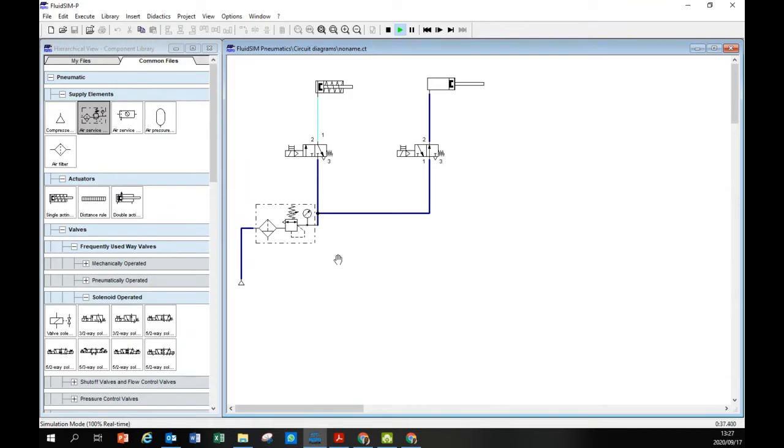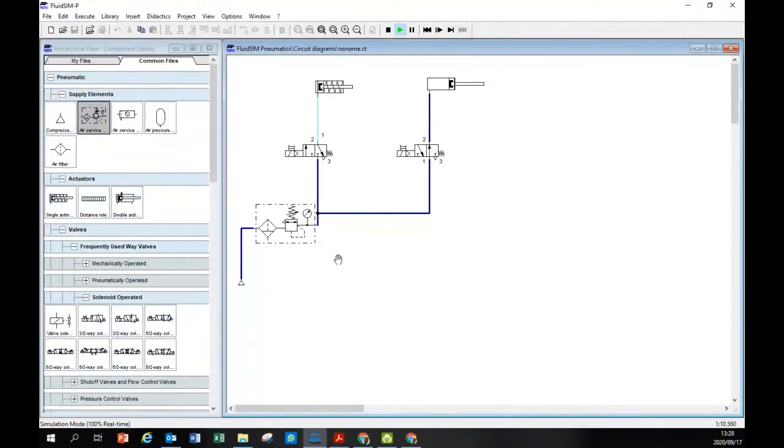It will create rust, and will also create blockages in the pipes. Then you lose your pressure. So the force of the cylinders will be dramatically affected, and because they are pneumatically operated, you will have issues with their force, and the lifespan of that equipment will also be affected.